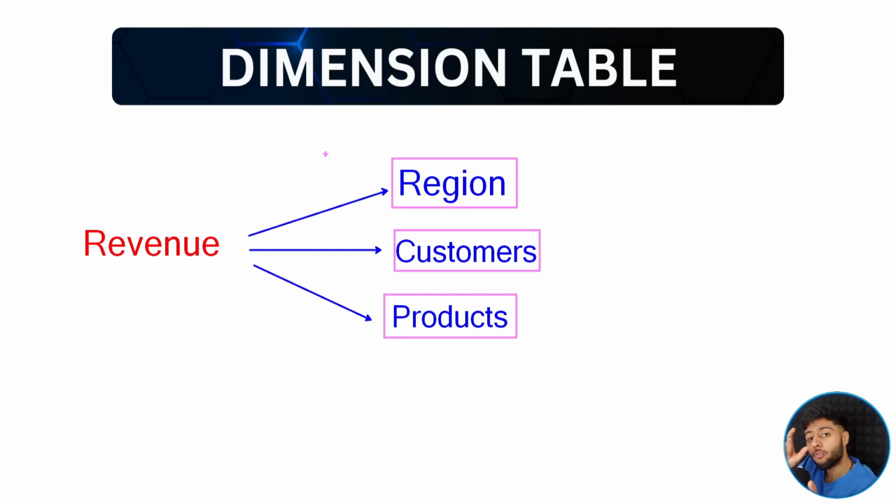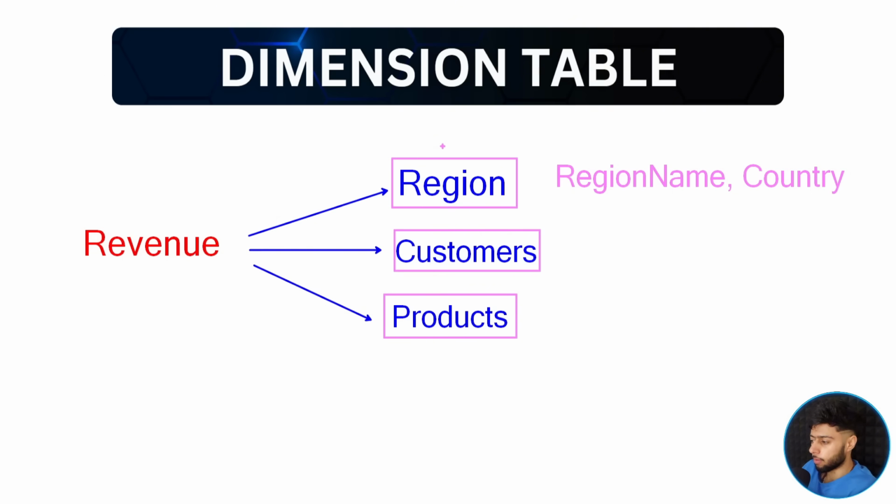Because there's a theme of context. Let's say region. Columns can be, let's say, region name, or maybe country, anything. So these are a bunch of columns, right? But the theme is region.